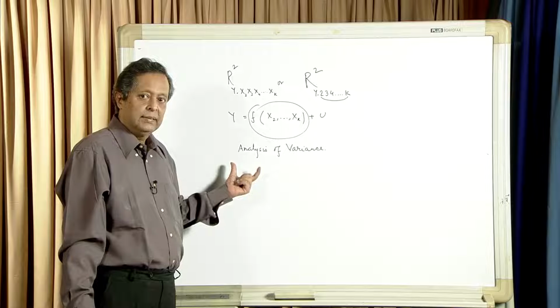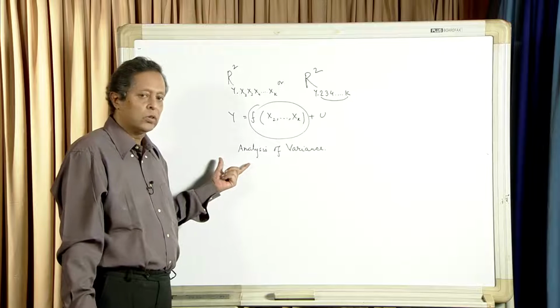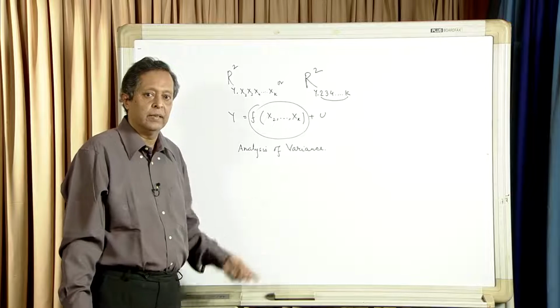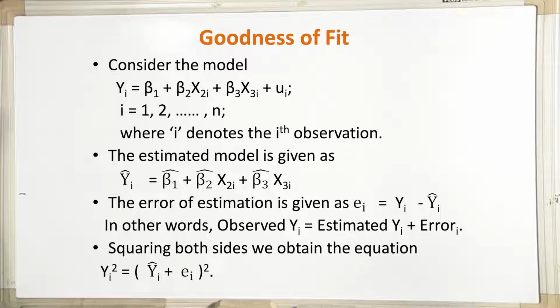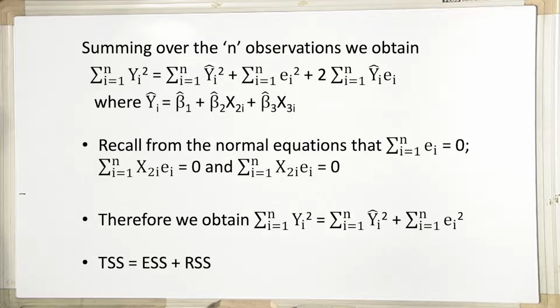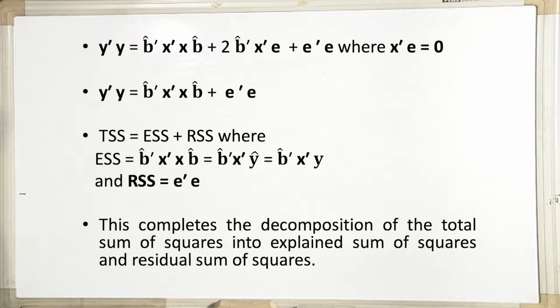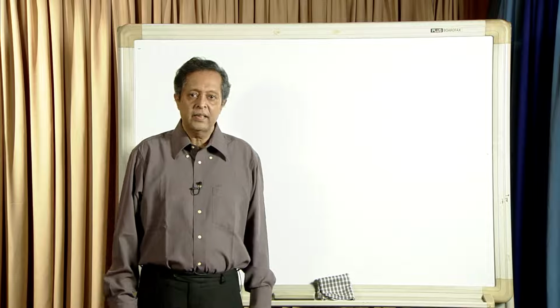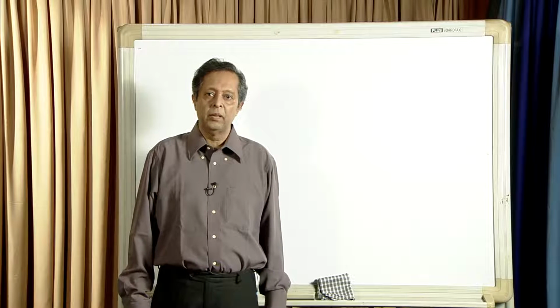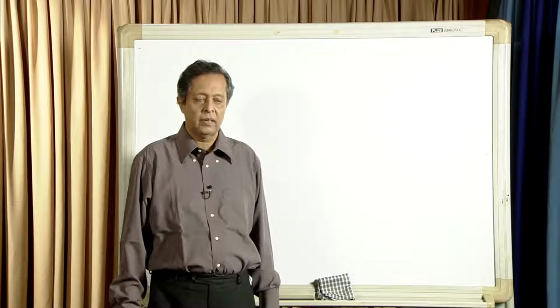We will now look at an ANOVA table, which is also known as the table for analysis of variance. Let us now take a look at the ANOVA table.